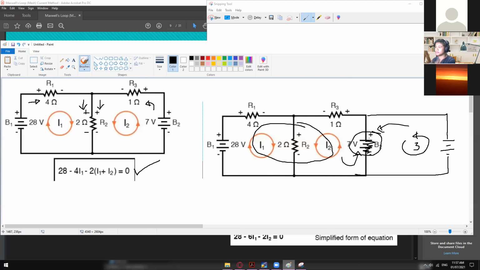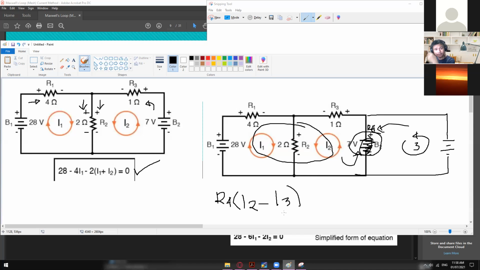In your equation for I2, it will become, let's say this is R3, R4, this resistor right here, R4 times I2. This one is opposing this flow of current, so this will become negative I3.